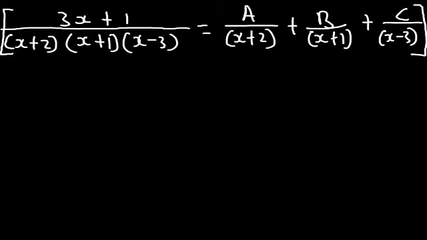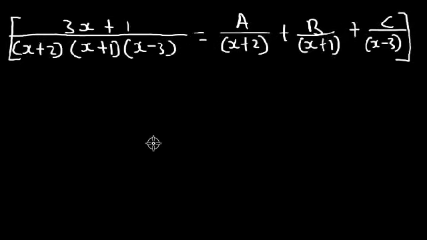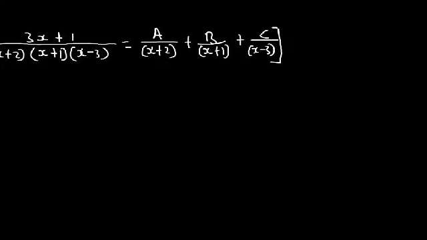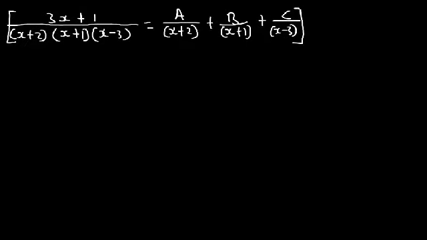So I'm just going to reduce this a little bit so we can have enough space. Perfect. So we are multiplying that with x plus 2, x plus 1, then x minus 3.